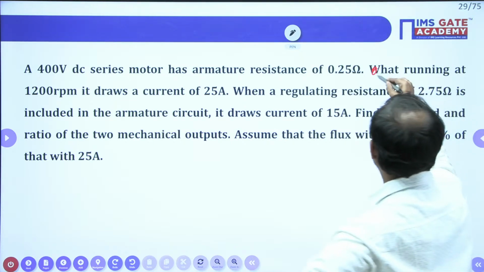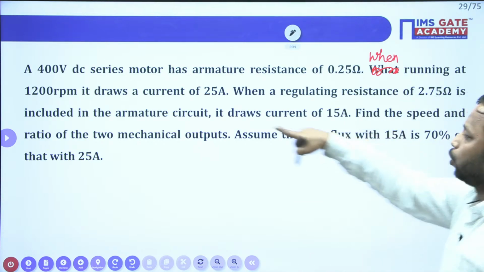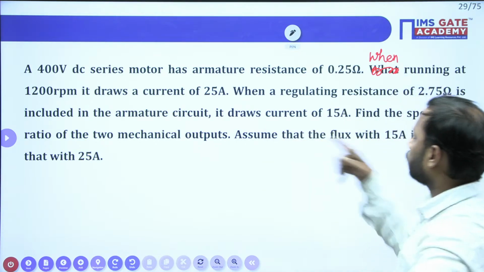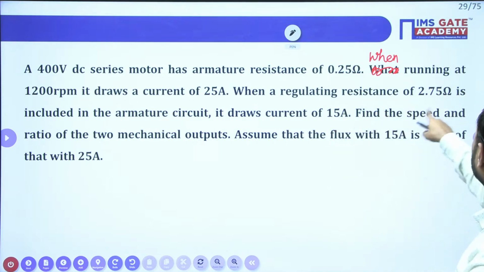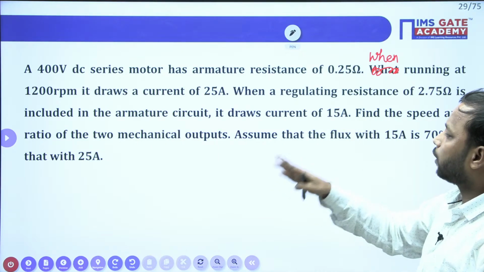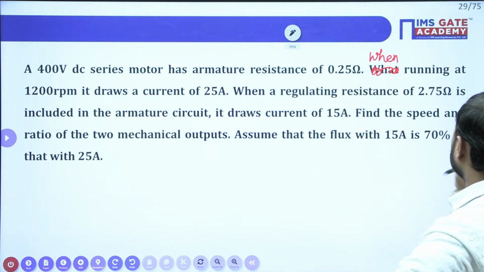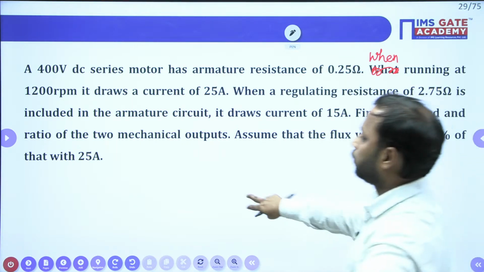When running at 1200 RPM, it draws a current of 25 ampere. When a regulating resistance of 2.75 is included in the armature circuit, it draws a current of 15 ampere. Find the speed and the ratio of the two mechanical outputs, assuming that the flux with 15 ampere is 70% of that of 25 ampere.